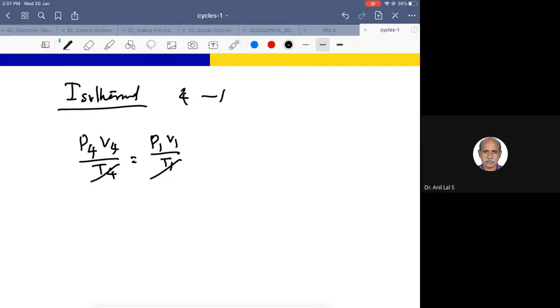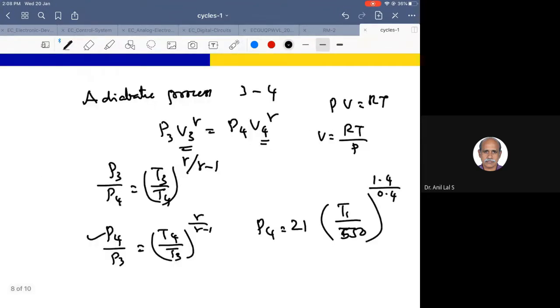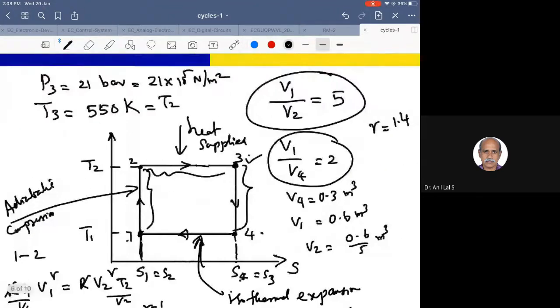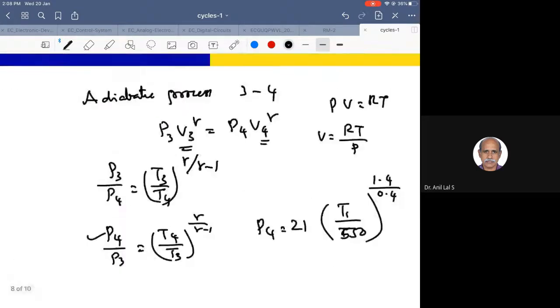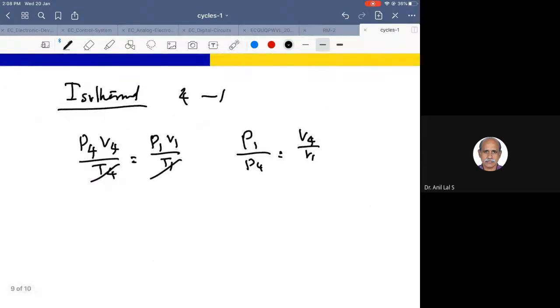So P1 by P4 is equal to V4 by V1. What is V4 by V1? We know it: V4 by V1 is 1 by 2. So P1 is equal to P4 by 2.